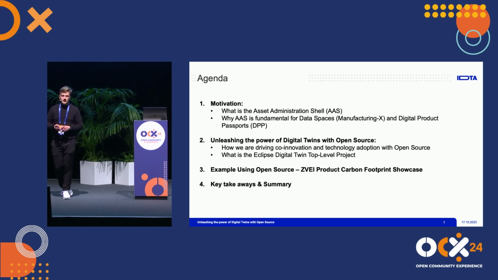We saw today already in a few sessions, like Web of Things, that there is a huge need for that. Then we would like to present the open source projects driving this standard, and later give you a demo showing how open source is already being used to demonstrate the technology, based on the carbon footprint example, which is one of the requirements we'll see for the digital product passport.